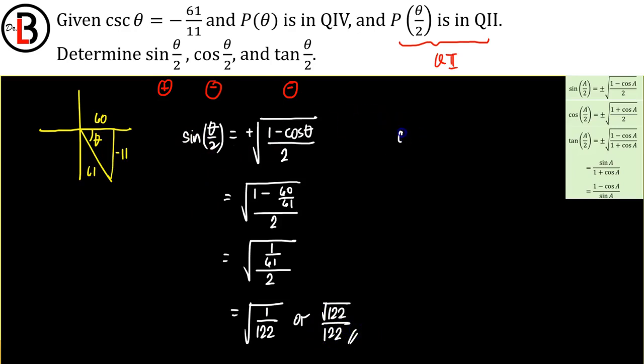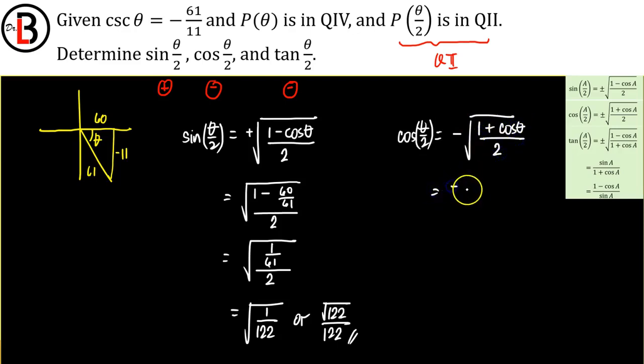Now let's try cosine. Cosine theta over 2, we will use the negative sign. Why negative? Again, because theta over 2 is in the second quadrant and cosine would be negative there. So 1 plus cosine theta all over 2.